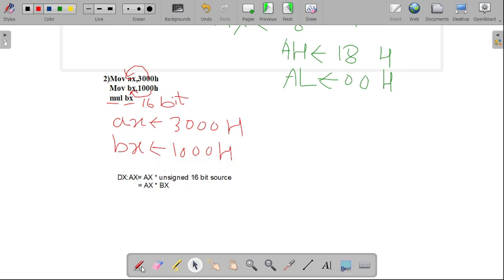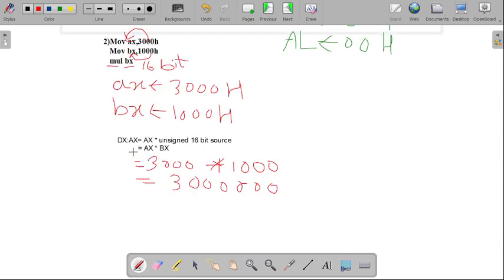The value of our AX is 3000 and we are multiplying it with 1000. After multiplication, it will become 3000 then 000. This is the result, and how will this result be stored?